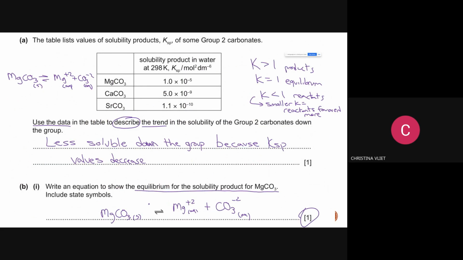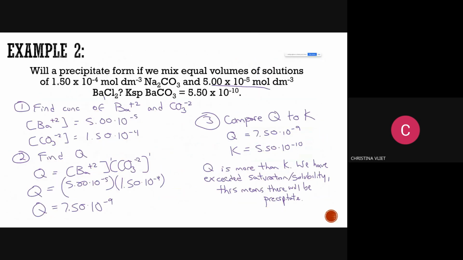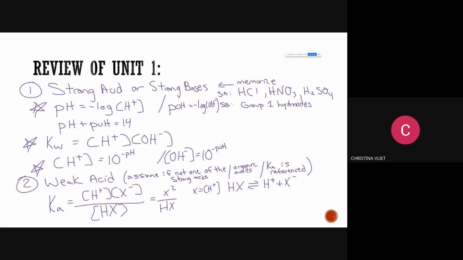Not a gigantic table, but it could be a small table. It won't be like that one where you had a gigantic table that you had to sift through. Under no means do you need to memorize Kas or Ksps. Those would be provided for you.